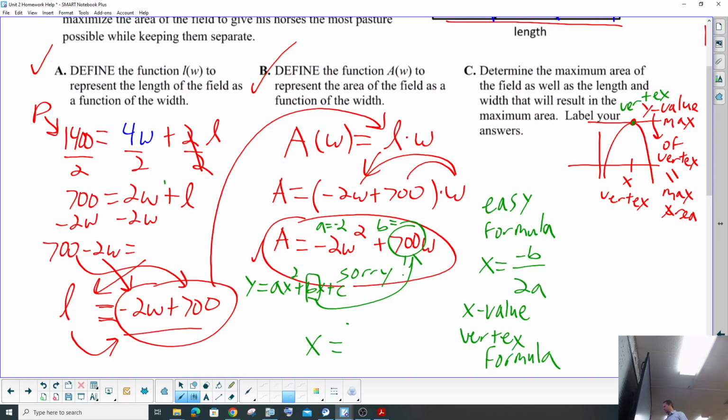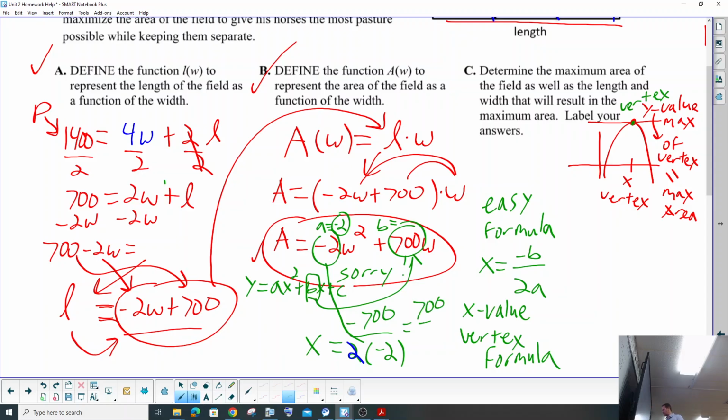So x equals negative b, negative 700, all over 2a. And what's our a again? Our a is negative 2. Negative divided by negative is a positive.